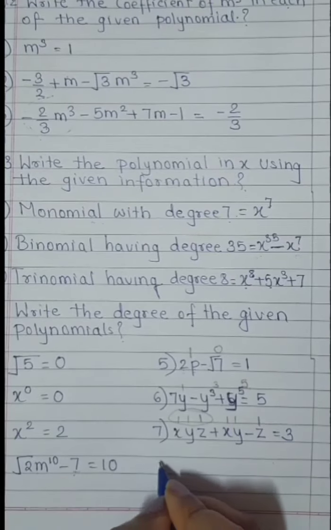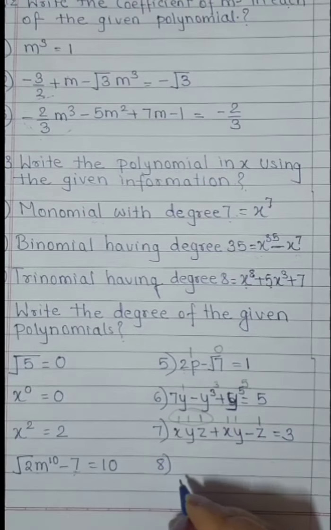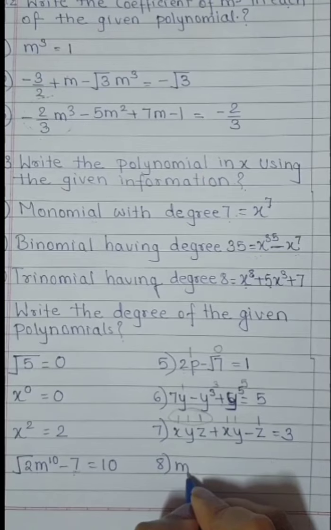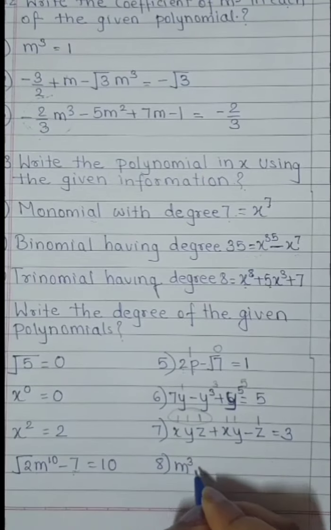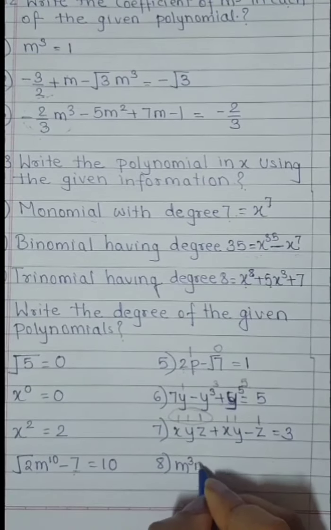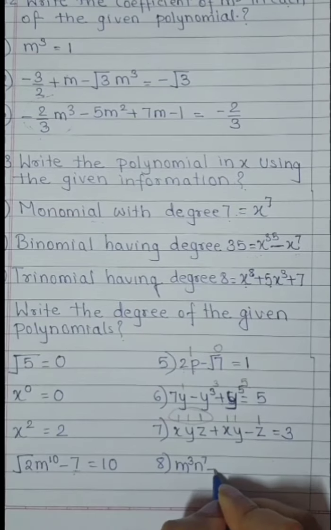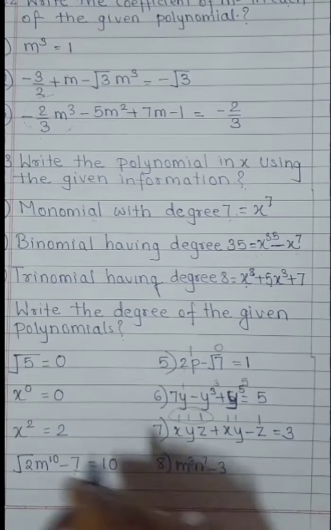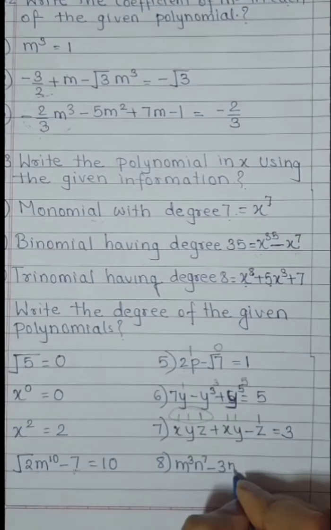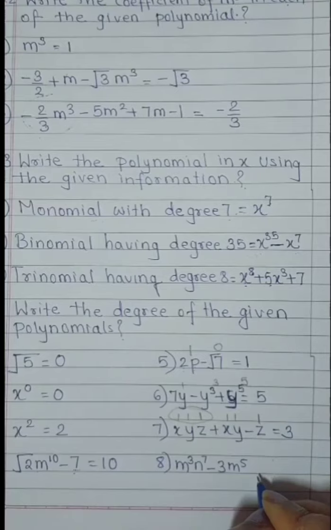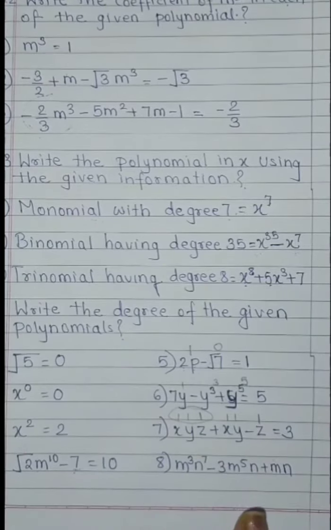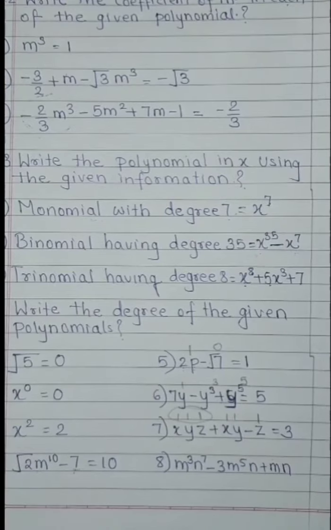Now next one is 8th one, that is m cube n 7 minus 3 m5 n plus mn. Okay, so it is also a trinomial.